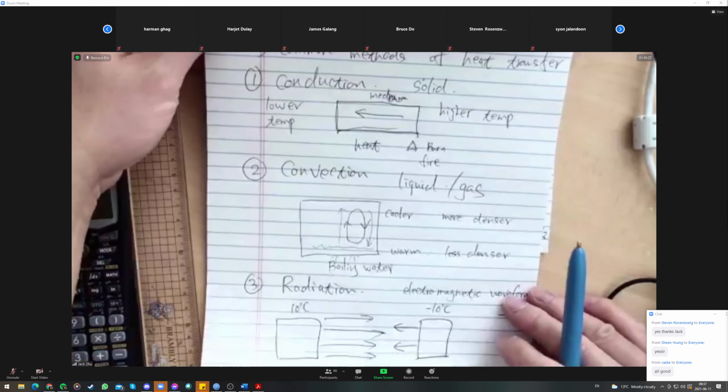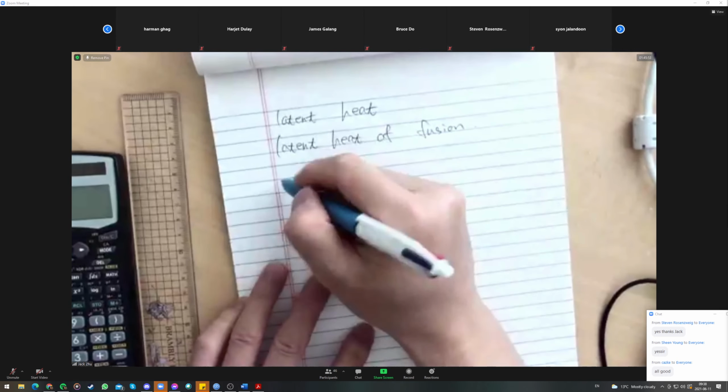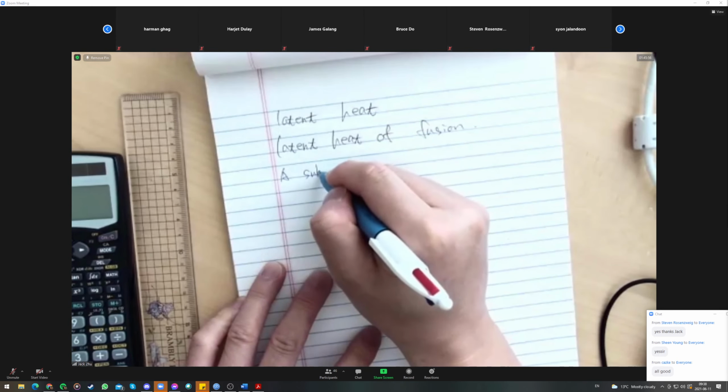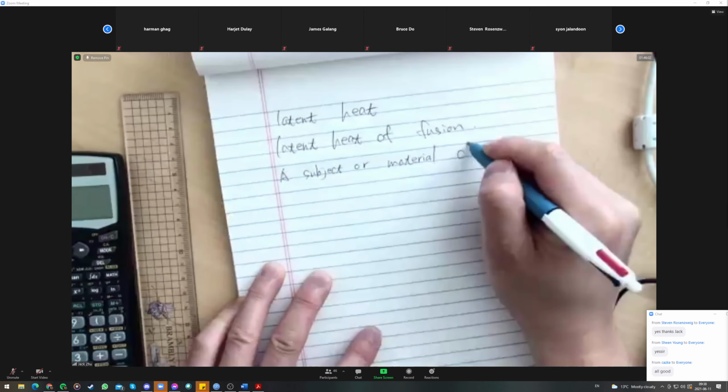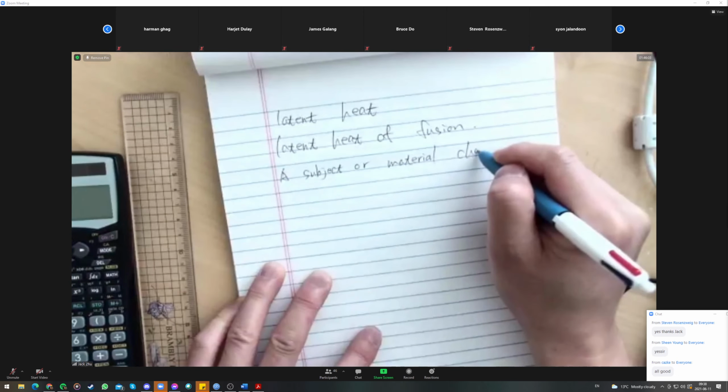Then we're going to talk about something else. It's called latent heat. There are two types of latent heat. Latent heat of fusion is for a subject or material changing states between solid and liquid.